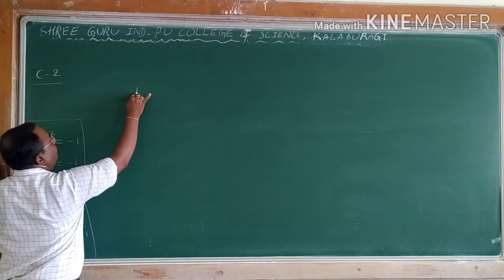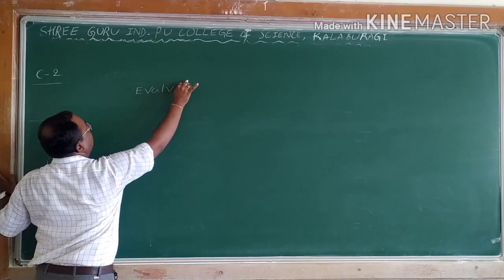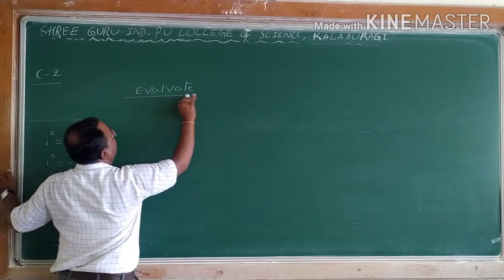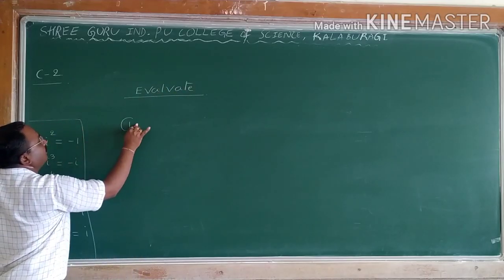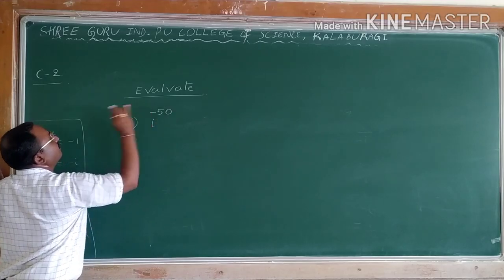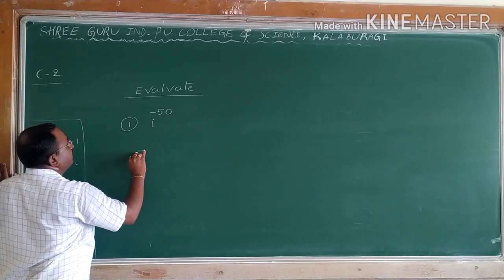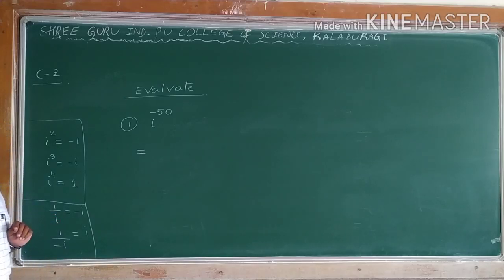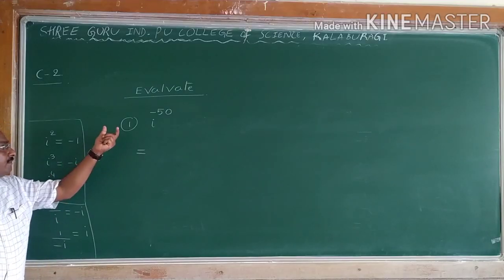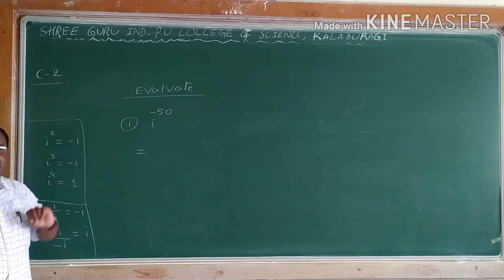Next, evaluate first one, i power minus 50. Suppose plus 50 is there, over. Minus 50 is what? i power minus 50, negative integer is there.